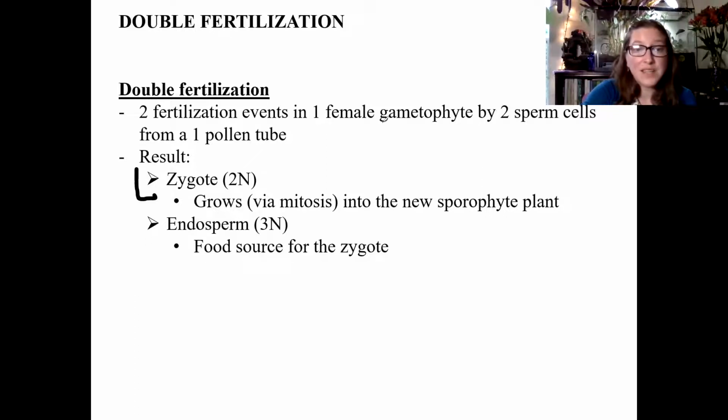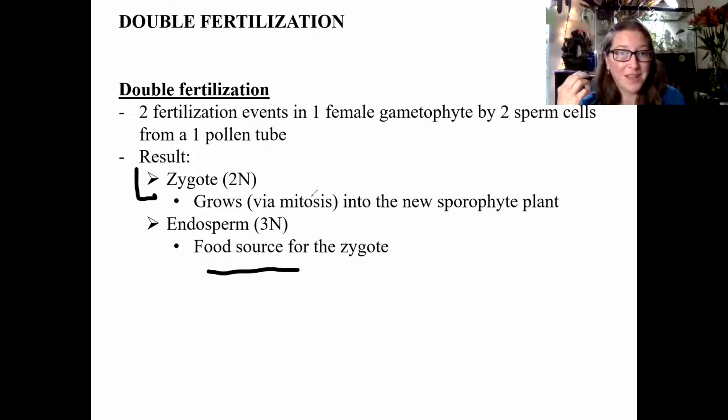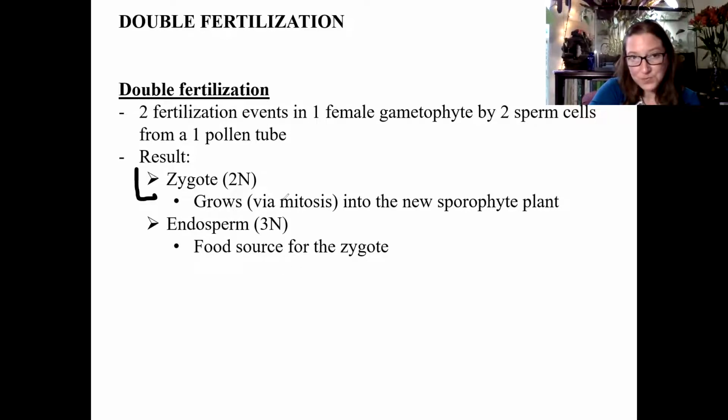The endosperm basically just serves as a food source for that developing zygote. So it's almost like in the angiosperms, like you pack the kid a lunch, right? You got this 2N zygote, and it needs nourishment to grow and do mitosis. And so that nourishment comes from that endosperm. Serves as food for the zygote. Okay.